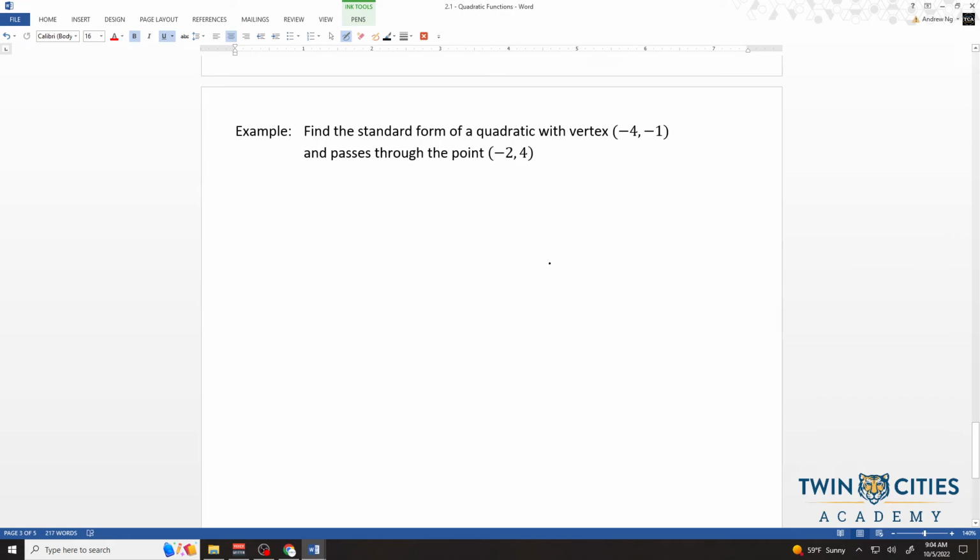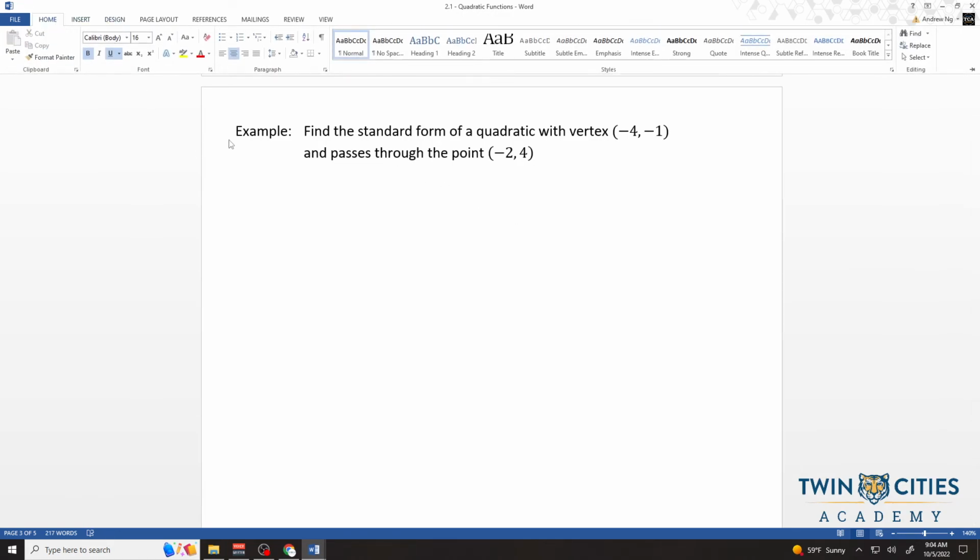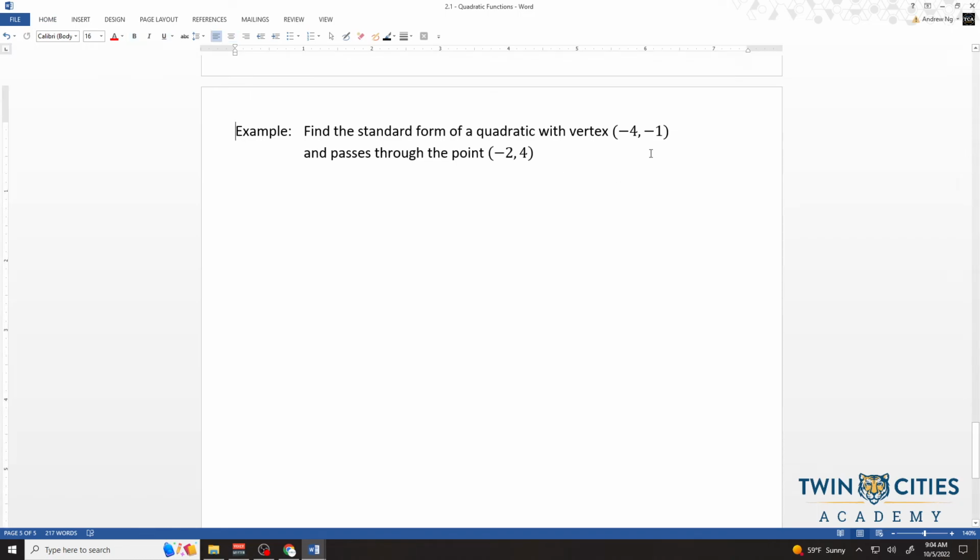Then the last thing I can do here is find the standard form of a quadratic function with the vertex -4, -1, and passes through the point -2, 4. Okay, so let's first identify a couple things. If the vertex is -4, -1, that means that h is -4 and k is -1.